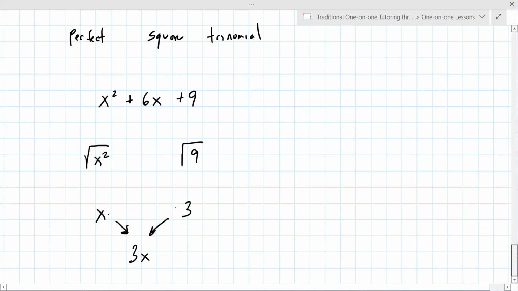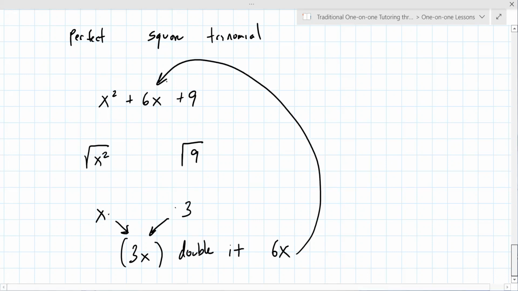Okay. So then you double it. That's the part that most students forget, double it. So that's a 6x, and you check that that's the same as the middle term there.